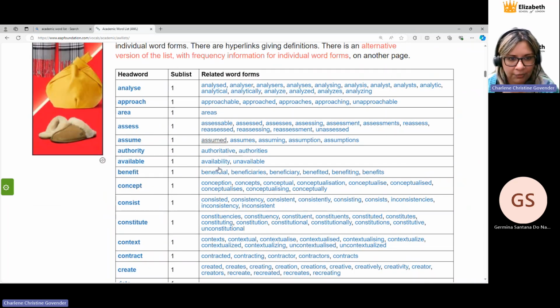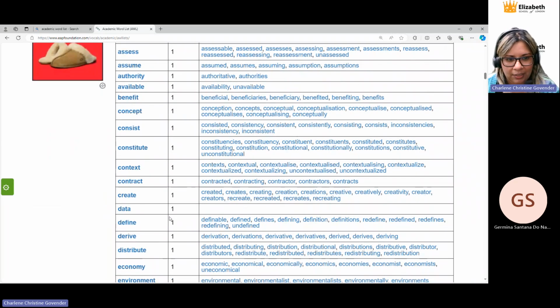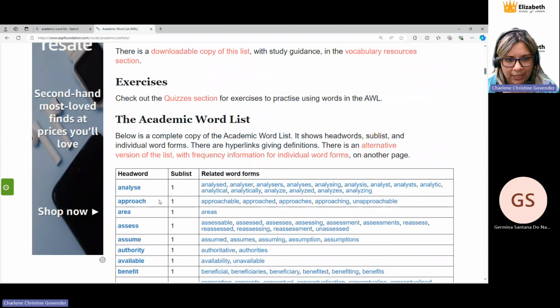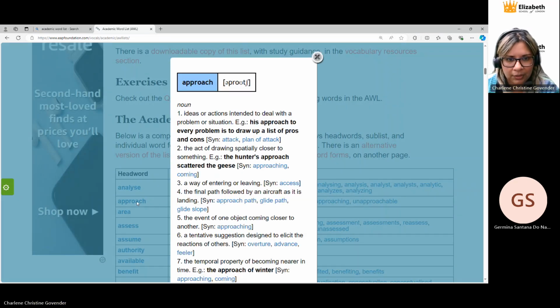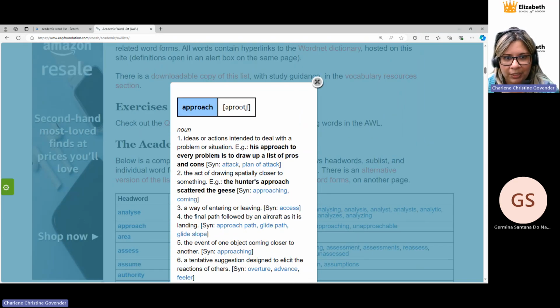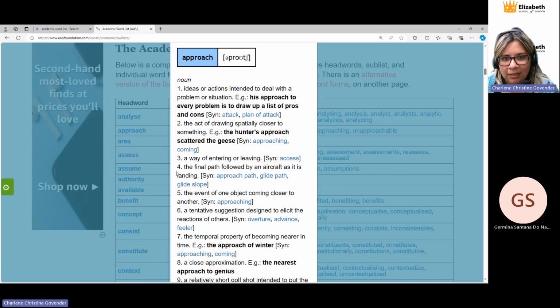So let's have a look at approach. If I click on approach, it's going to give me all the things that we just asked for. If we're looking for the noun, it would be approach, and it gives me an example sentence: His approach to every problem is to draw up a list of pros and cons.